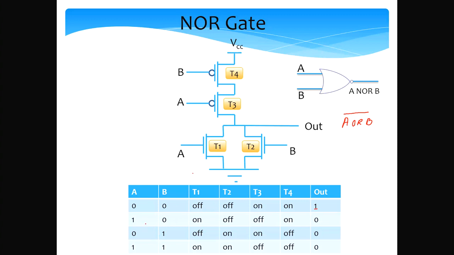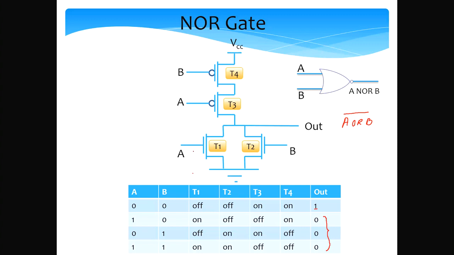For all the other combinations of A and B, which are 1, 0, 0, 1 and 1, 1, A or B is equal to 1 and its complement is 0. That's the reason all three of these values are zeros.